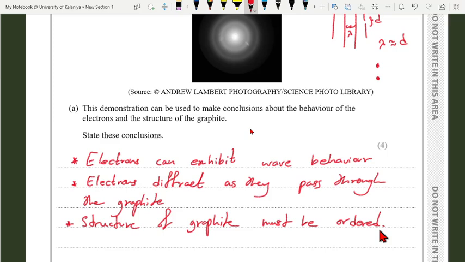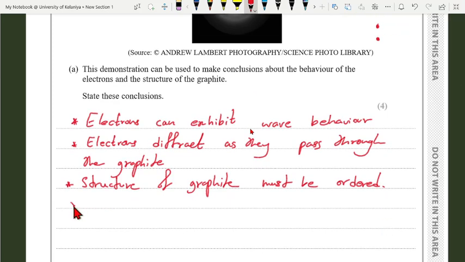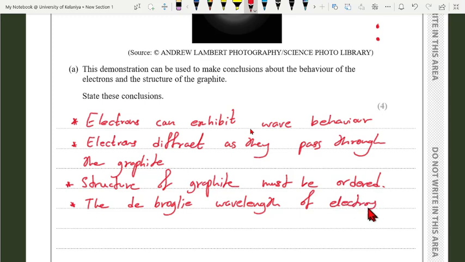Then the de Broglie wavelength of electrons is similar to the spacing of gaps between atoms.